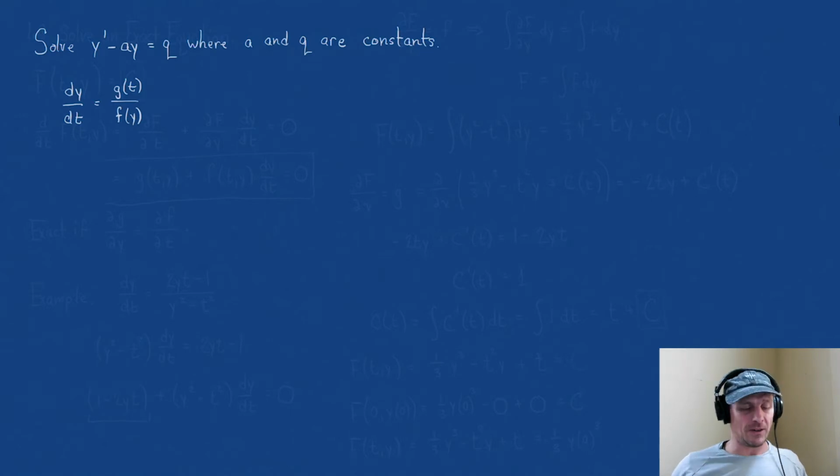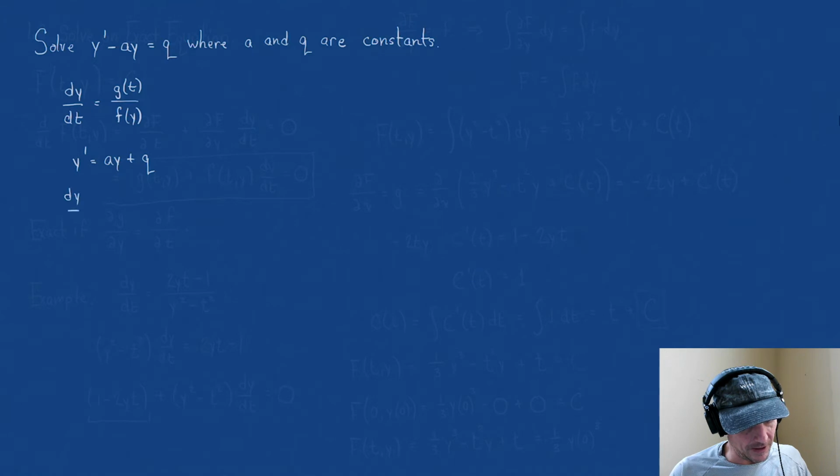So we have to figure out how to rearrange this first order linear differential equation with constant coefficients into this form. Well, obviously we need the y prime by itself. So here's y prime equals ay plus q. On the left hand side, that's dy/dt.